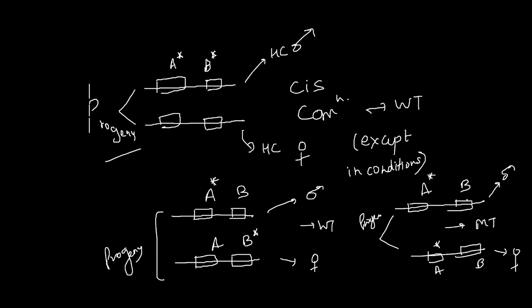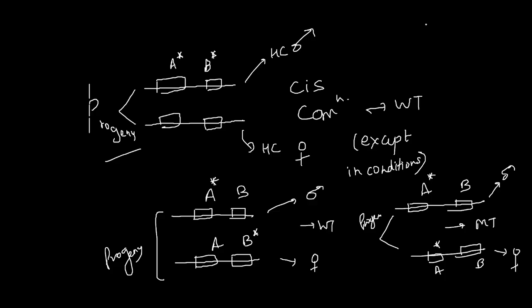You know, in the father the A gene is defective, in the mother also the A gene is defective, and the progeny is only getting a good copy of the B gene. And because the trait is controlled by both the genes, the progeny is going to have the mutant phenotype.